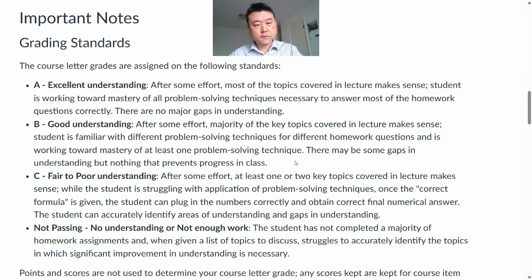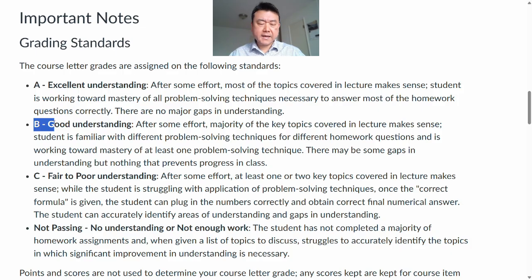So that's what I want you to focus on as you go through this class, and potentially use AI to help you learn. I want you to focus on what you learned, because ultimately that's what you will be judged and graded on. Your course letter grade, A's and B's especially, will be assigned based on: did you understand the physics?